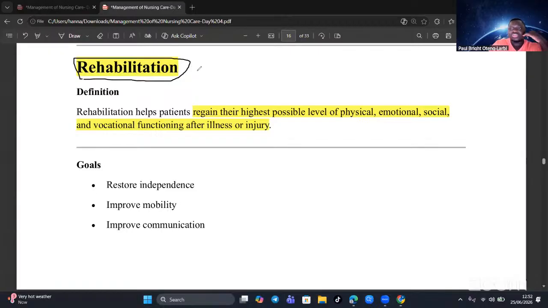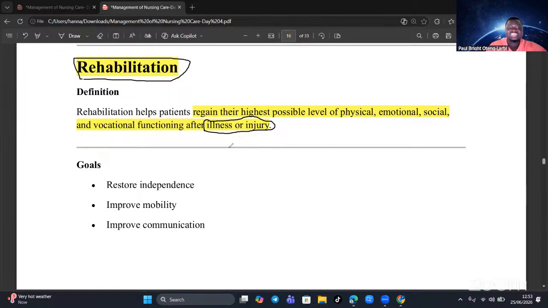So Tichubu will call the rehab facility. Then they will ask, which patient are you bringing? I'm bringing a patient that I want you to help regain their highest level of physical, emotional, social, and vocational function after an illness or injury.